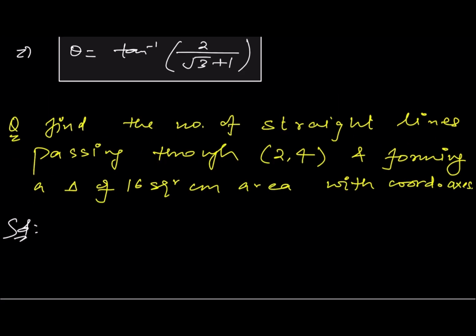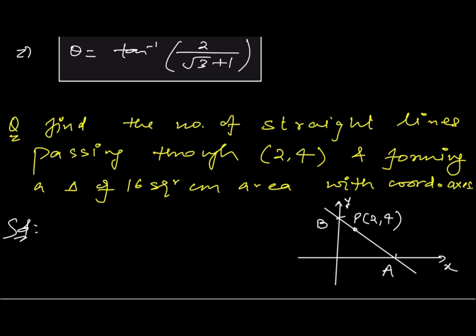Okay, so draw the diagram first. Let us consider one of the straight lines which are passing through the point 2, 4. Let's say it is meeting the x-axis at A and the y-axis at B. Okay.